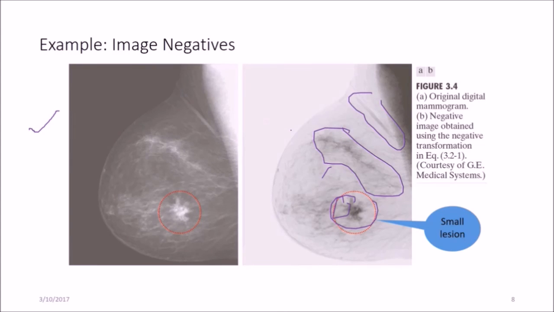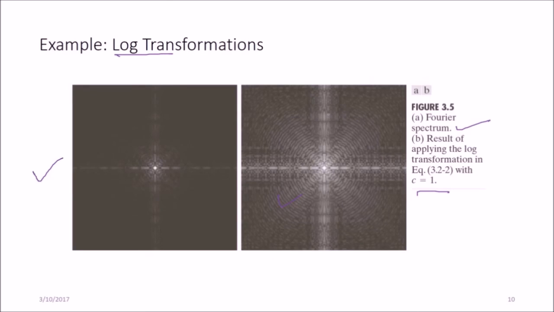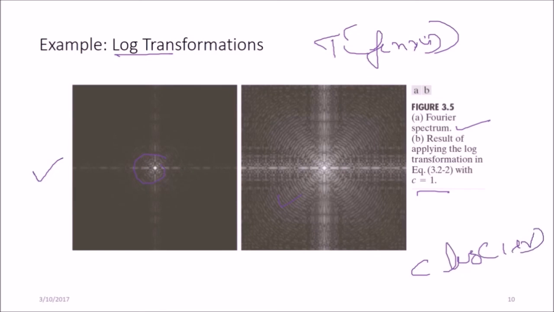Now you can apply the log transformation to a certain equation, say f(x,y). The transformation on f(x,y) is nothing but C log(1 plus r). You are applying this with C equal to 1, and you can get the result like this. The initial image of the Fourier transform would be like this, and if you perform this action and then take the Fourier transform, it will be seen like this.